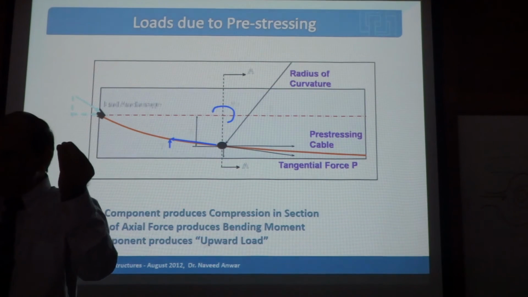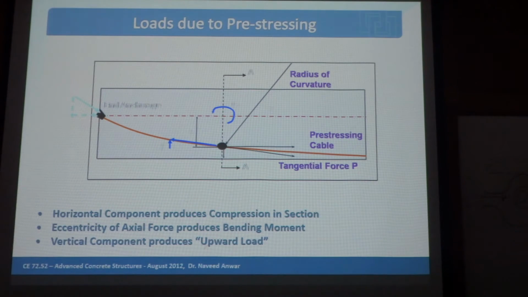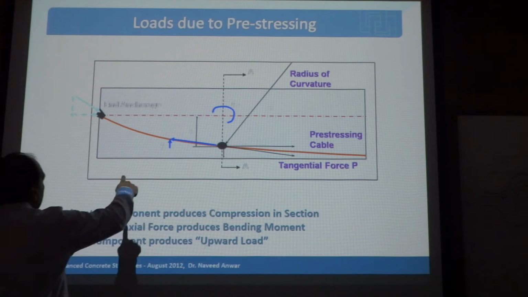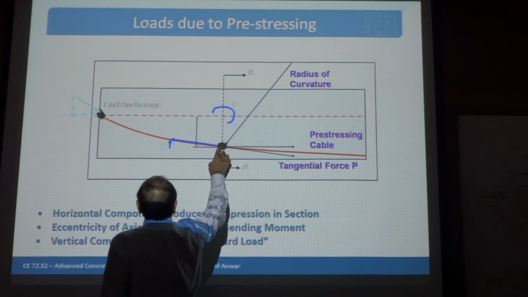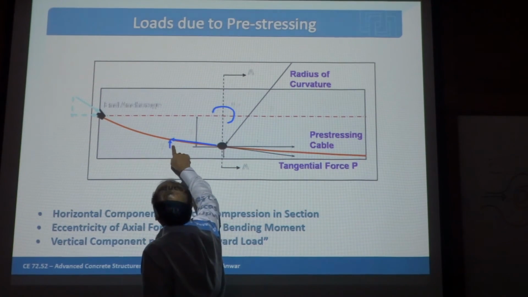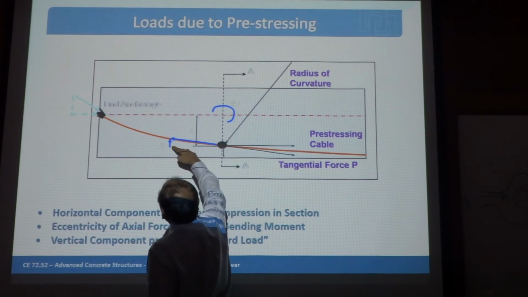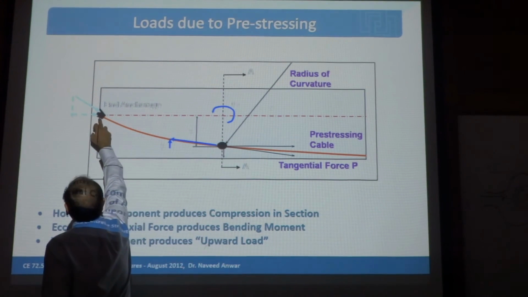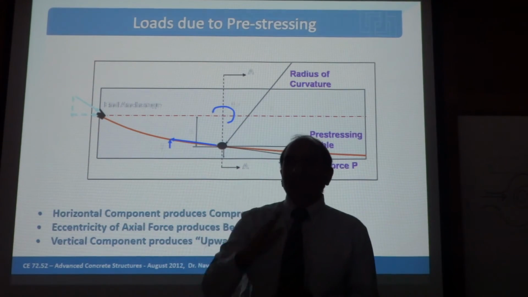But if the cable is hanging, you can hang some load on it because of the geometry of the cable, because of the angle of the line here, because of the resultant, this V component, right? Because of this V component, we get extra force that is coming up, not only the bending moment because of the eccentricity, but also this V component, which will give you a net resultant force at the end also.